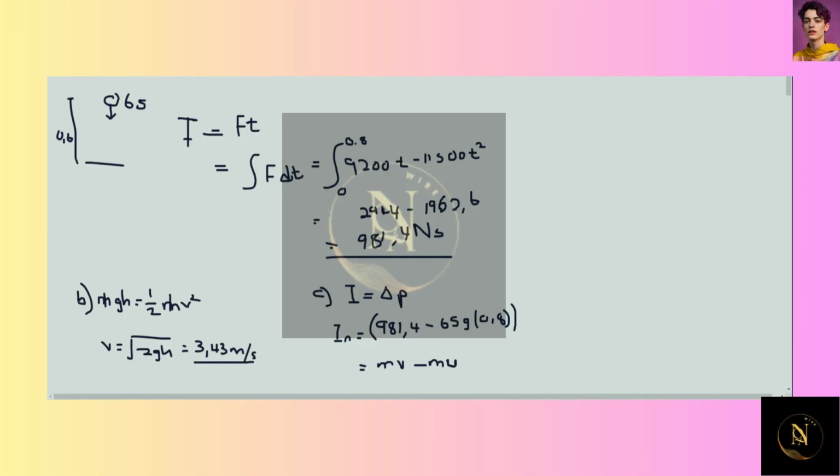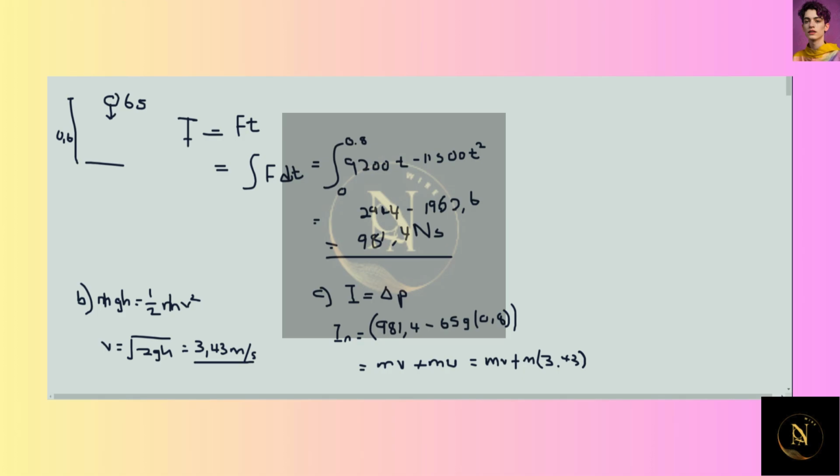If I choose the final velocity to be positive, then the initial will be negative, and by this negative sign here, I can change that to a positive because they're in opposite directions. So your equation will now say mv plus the mass times the initial velocity that we had, 3.43 here. So you put 3.43 in that equation.